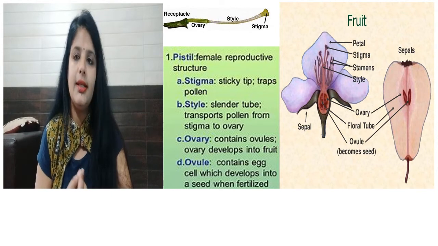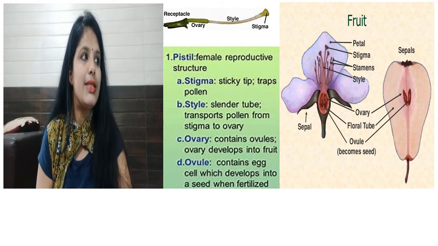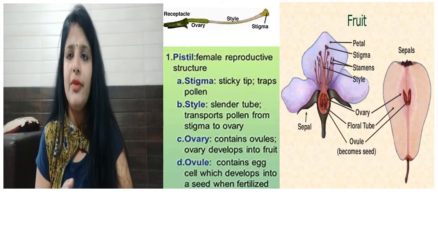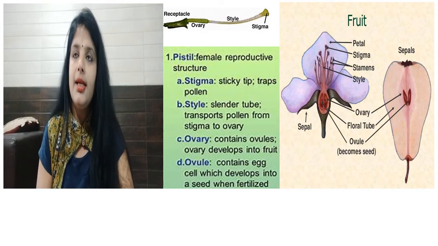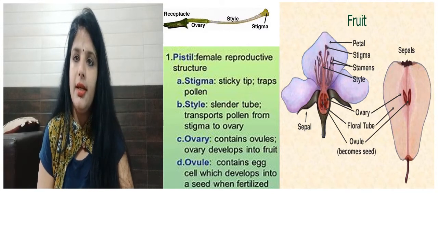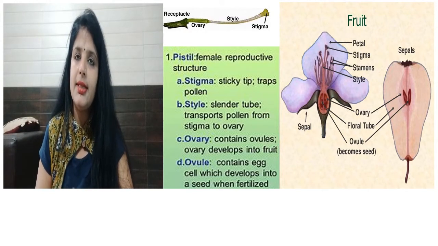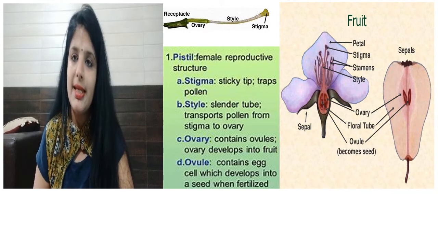ovules present inside the fruit convert into seed. Sepals are generally not present, they wither off, but they remain attached in certain cases. As we have discussed yesterday, in the case of green chili, sepals are already present, and these sepals are known as persistent calyx.